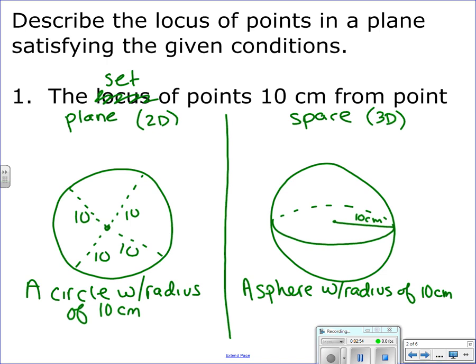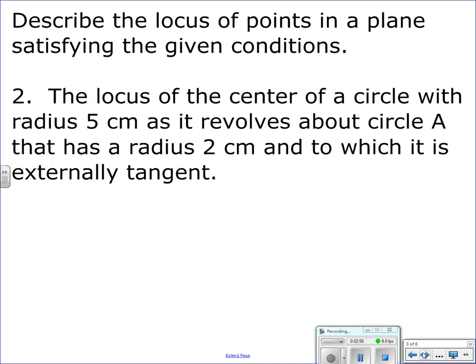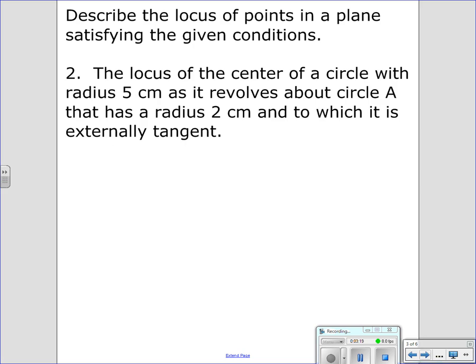Okay, the next one. The locus of the center of a circle with radius 5 centimeters as it revolves about a circle A that has a radius of 2 centimeters and to which it is externally tangent. Now that's a little confusing and I think even a little awkward. So what you have to do is break down that question. The locus of the center of a circle with radius 5 centimeters.